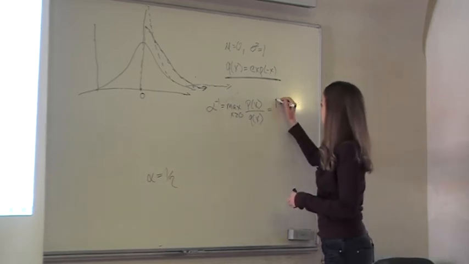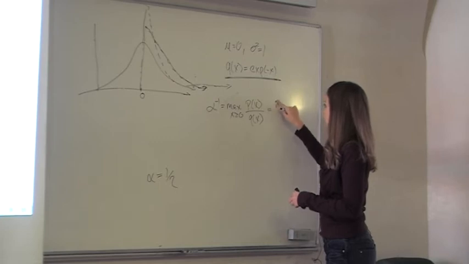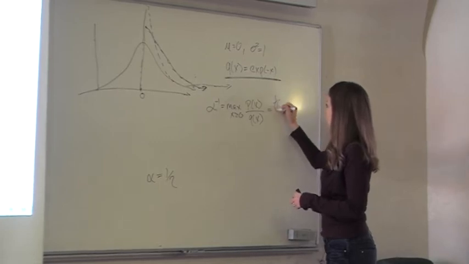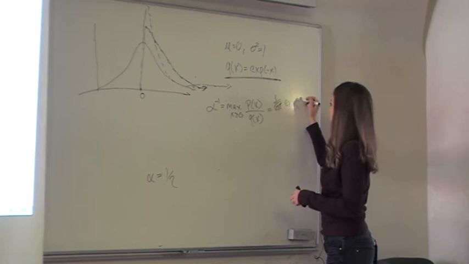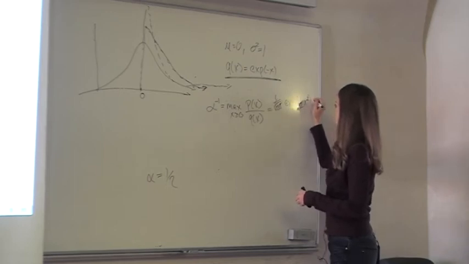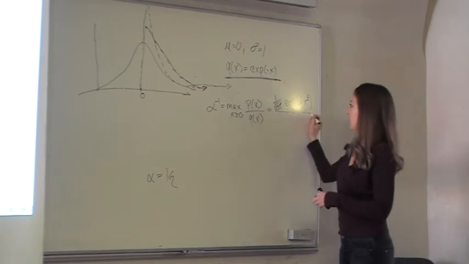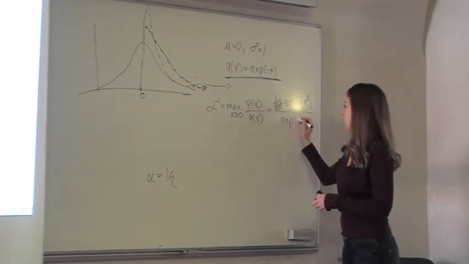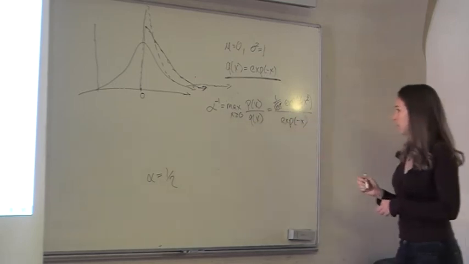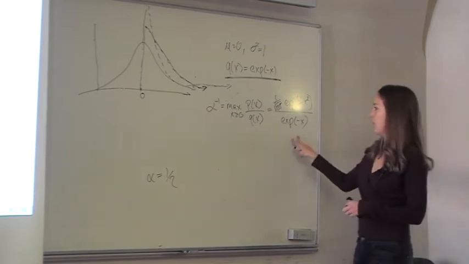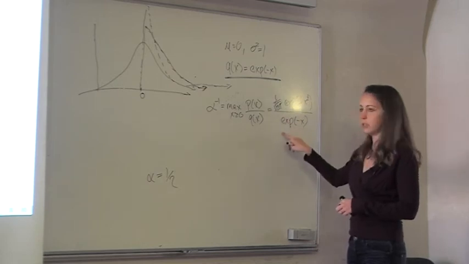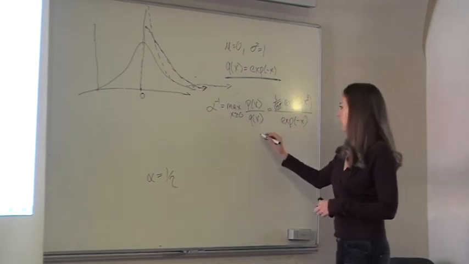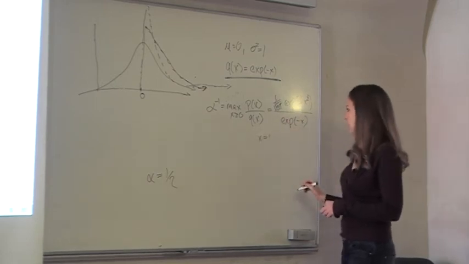So this is a normal, 1 over square root of 2 pi exp of negative 1/2 times x squared, over exp of negative x. And you can show that the max of this function here is when x is equal to 1.